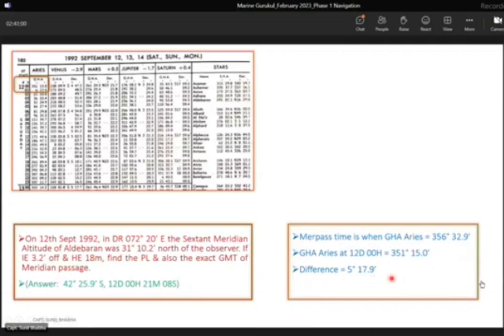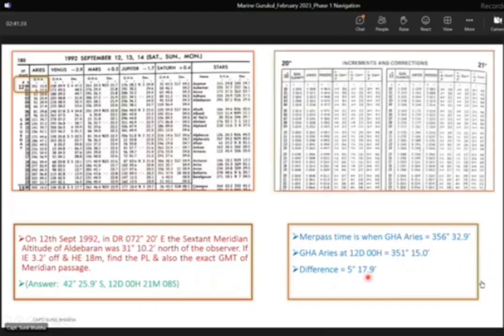Now this difference is basically because of some minutes and seconds after 00 hours, which lead to this much increment in the GHA. To find out which minute and second this 5 degrees 17.9 corresponds to, we have to go to the increment table. When you enter the increment table, it starts from 00 minutes, and under the Aries column you will see that the increment value keeps on increasing.